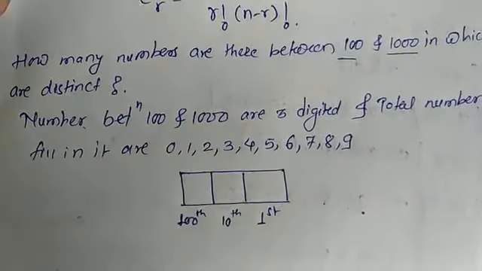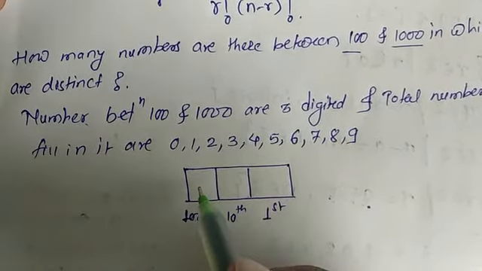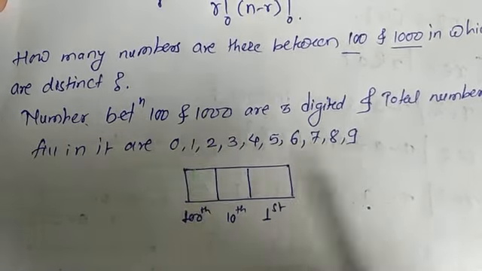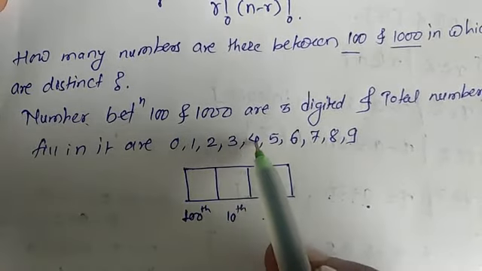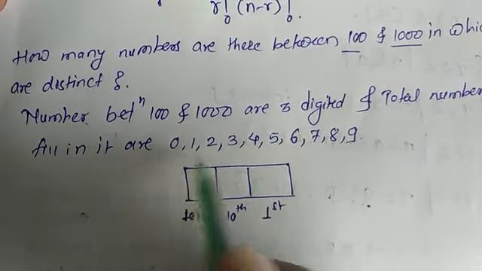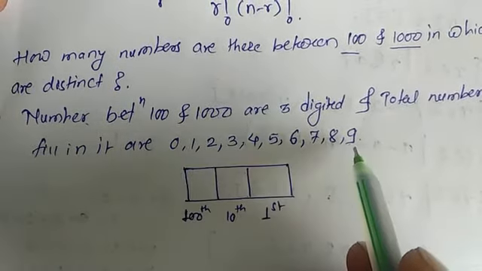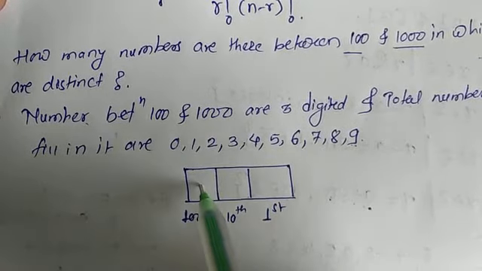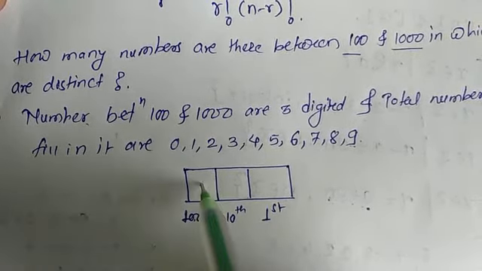Now at the 100 place, if you consider 0 to 9, these are 10 numbers in total. From these 10, how many possibilities can be taken at the 100th place?